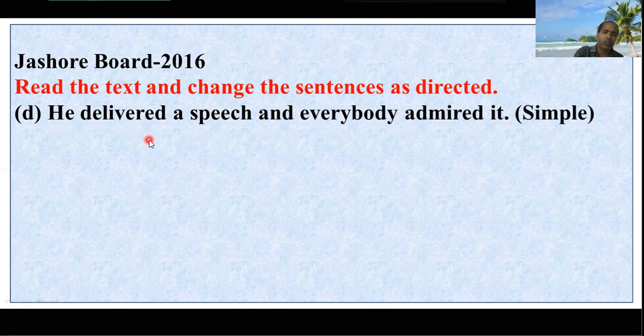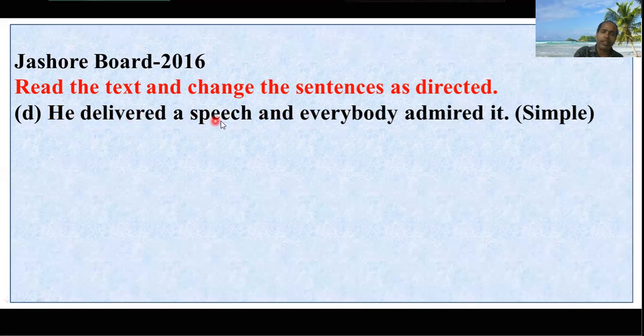Exactly, this is a subject, "he", and another subject, "everybody". These are two subject coordinate clauses. Dear students, notice carefully.